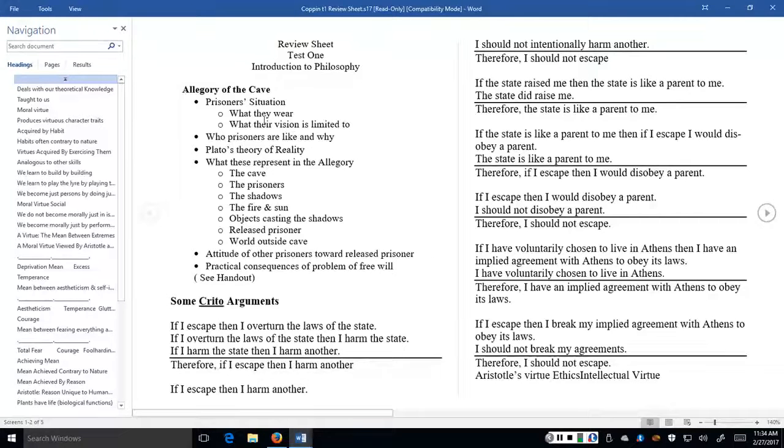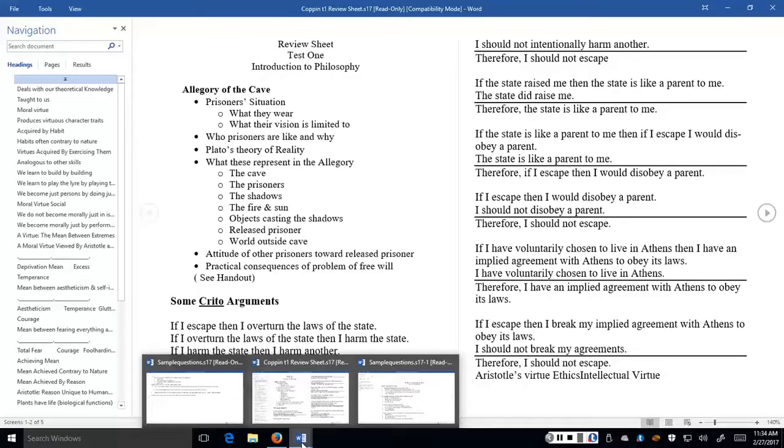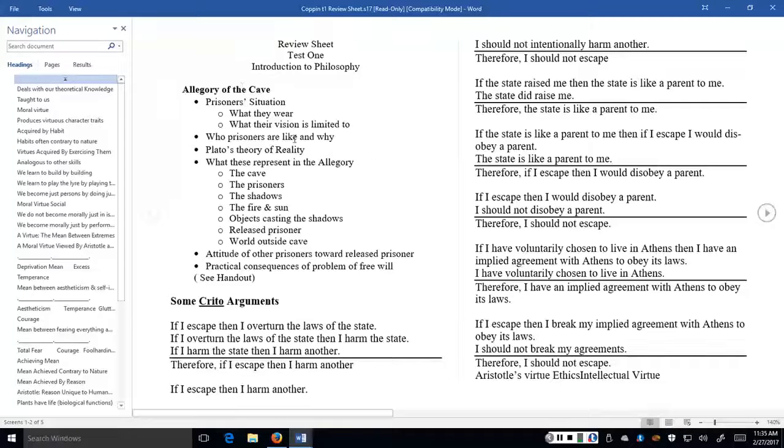Again, remember, for this portion on the allegory of the cave, in handouts, course documents, subfolder handouts, there is a very detailed handout on the meanings of the allegory of the cave that will enable you to fill in stuff.